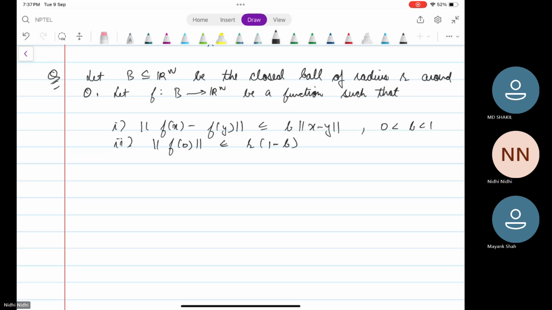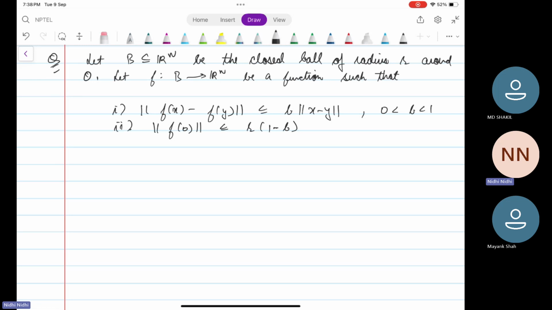So I think a similar thing we have already done if our domain and range are complete spaces. Now this time our domain is just a closed ball. So let's see how we'll get a unique fixed point in this case.